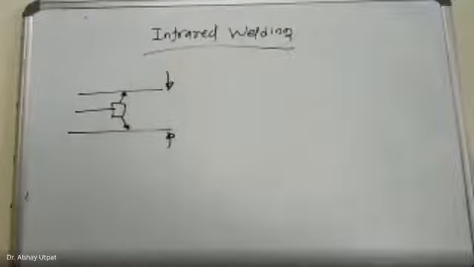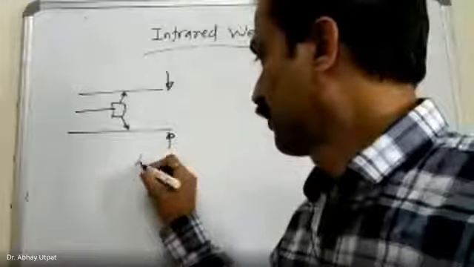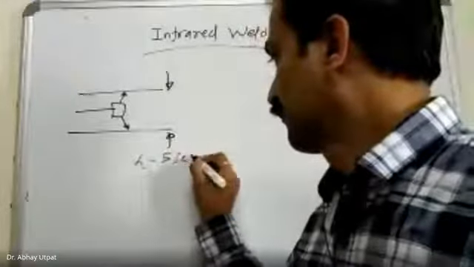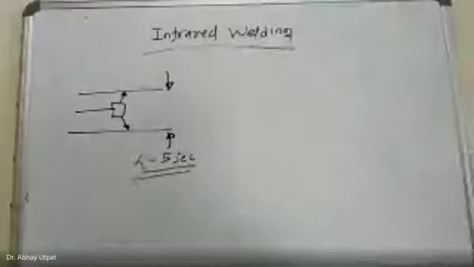So the important advantages I'm telling: ability to heat fast, typically in 4 to 5 seconds. Within 4 to 5 seconds, you can start the joint, and strong joints are prepared in a short period.